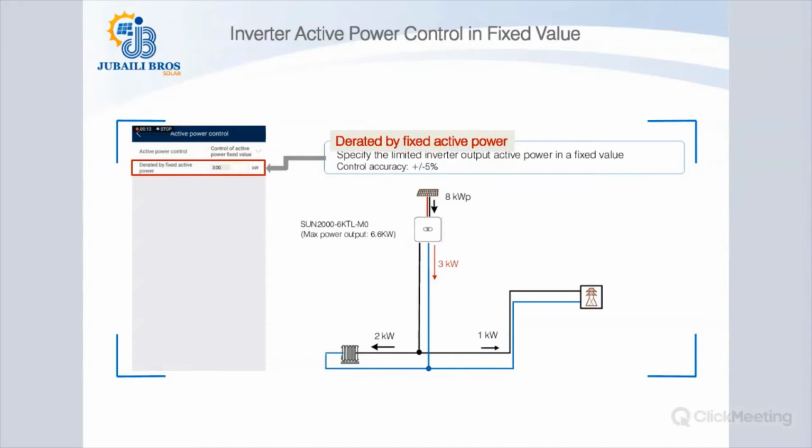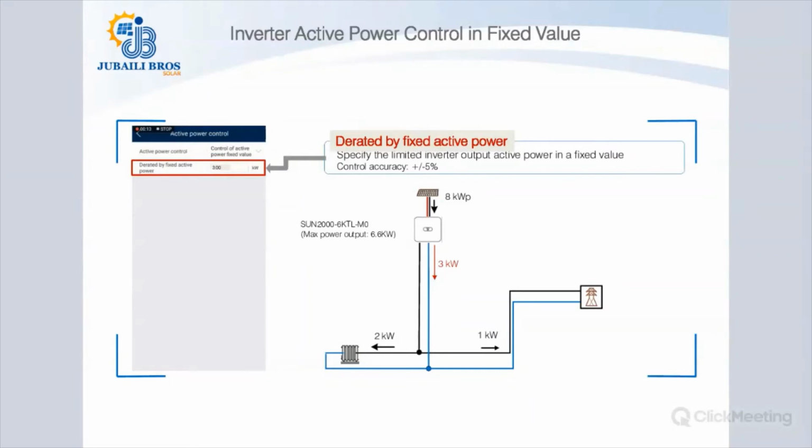This scenario provides a very flexible design and very flexible options. A 20 kilowatt inverter can be reduced and used at 18 kilowatt or 15 kilowatt, depending on the design requirement or the end user requirement.